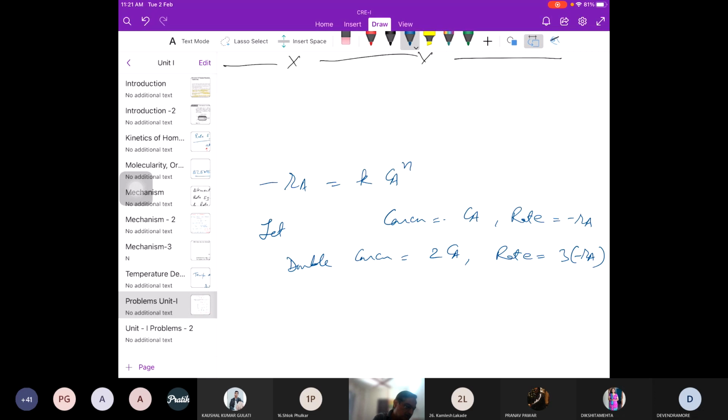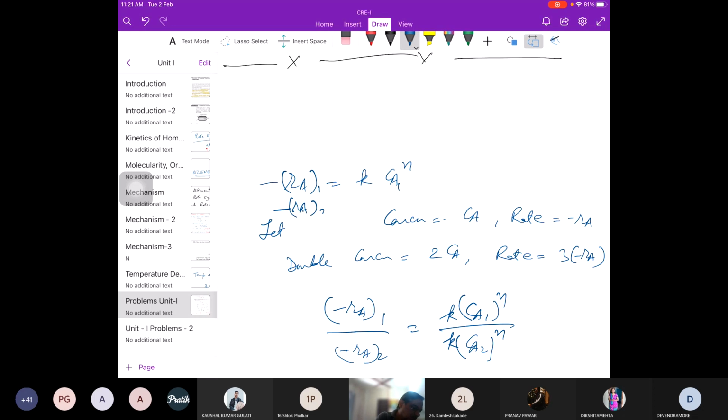So we can write here minus Ra1 upon minus Ra2, right? डिवाइड कर सकते हैं हम फर्स्ट से सेकंड से, then write this as K Ca1 to the power n, and you can write this as K Ca2 to the power n. ठीक है.